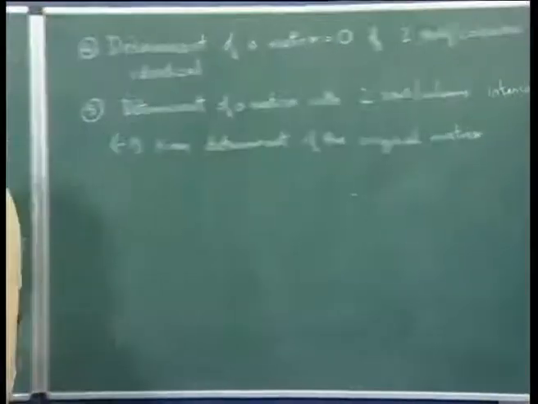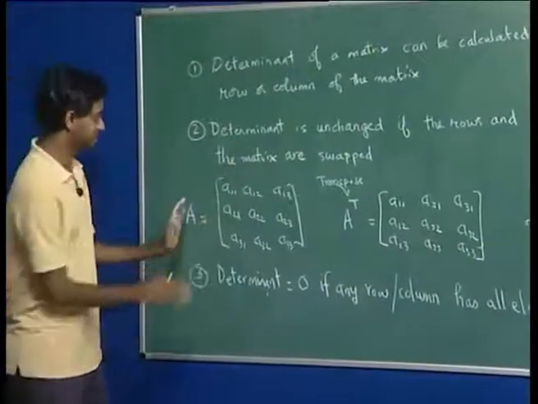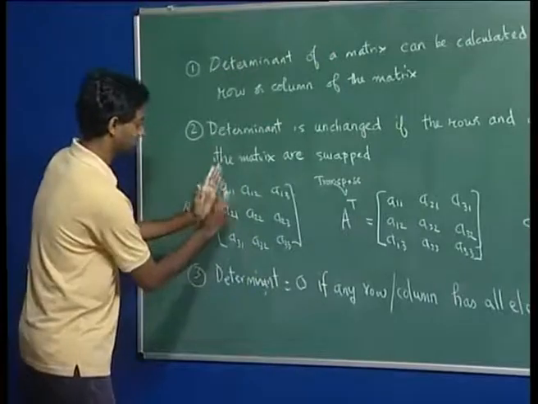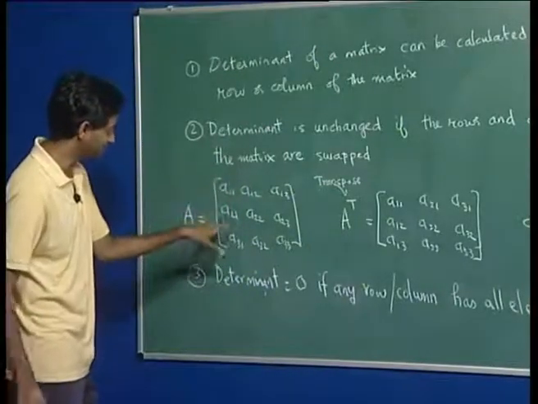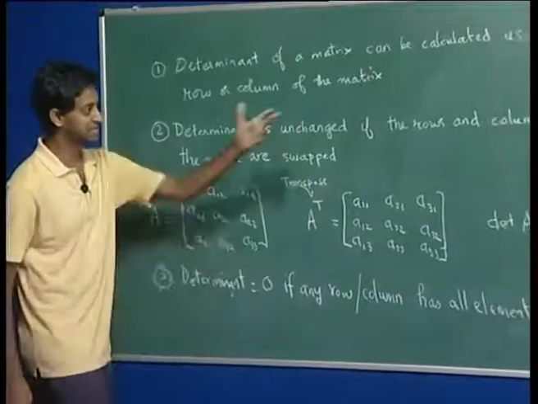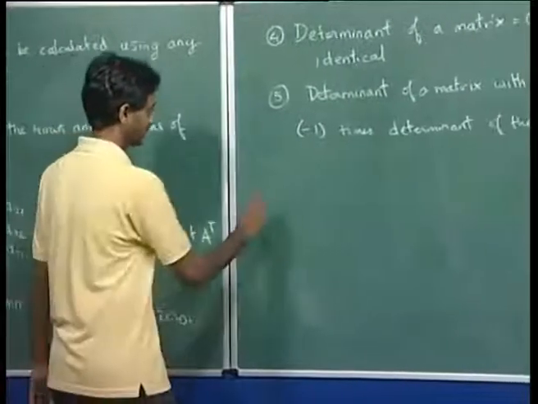Okay. So, suppose I take a matrix A and I calculate its determinant, and then I swap 2 rows or I swap 2 columns of A, then the determinant of the resulting matrix will be -1 times the determinant of A. Okay.